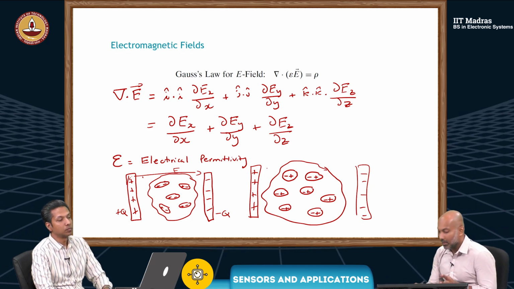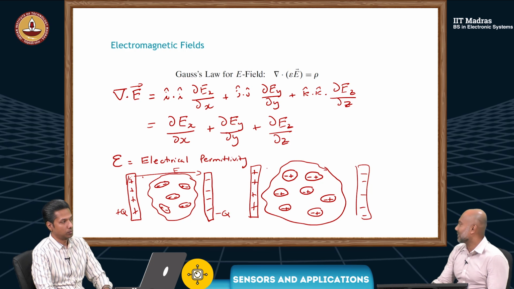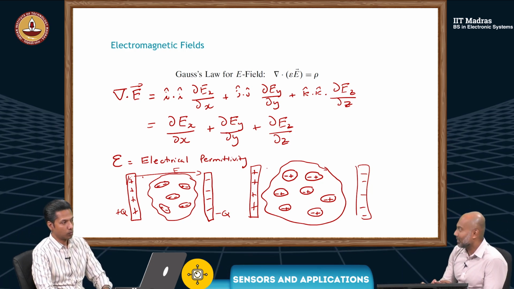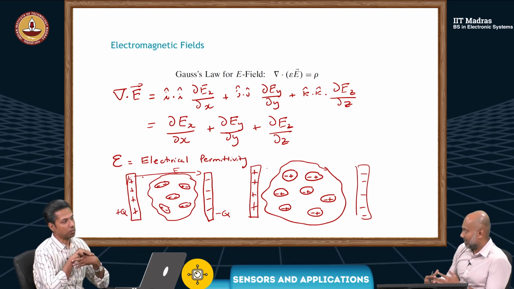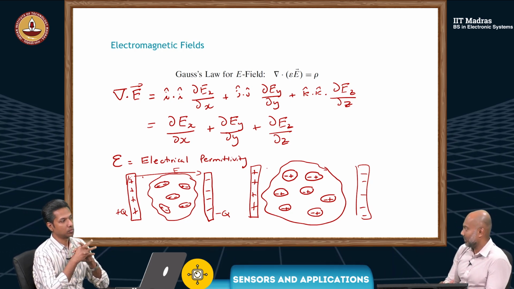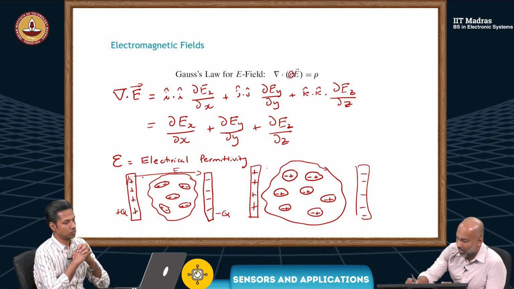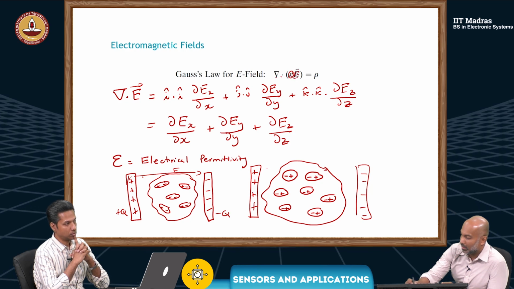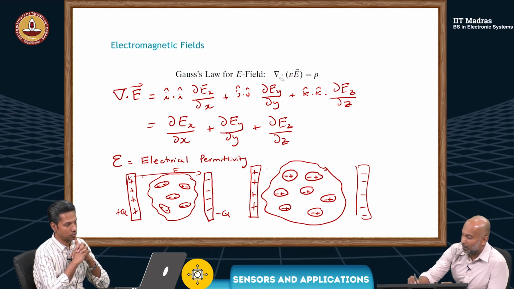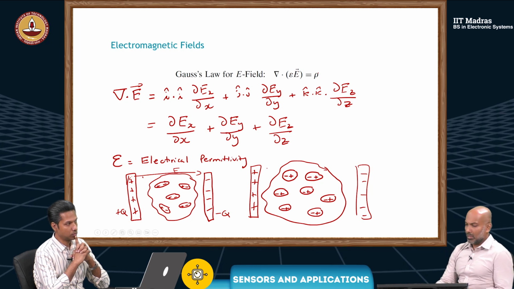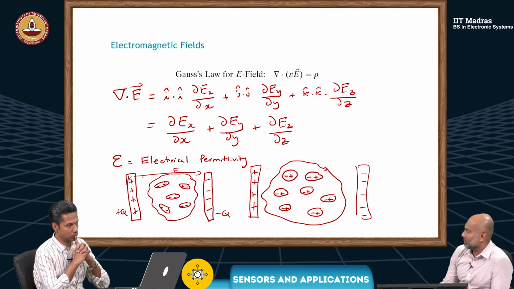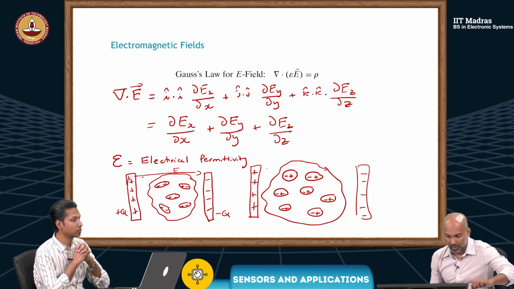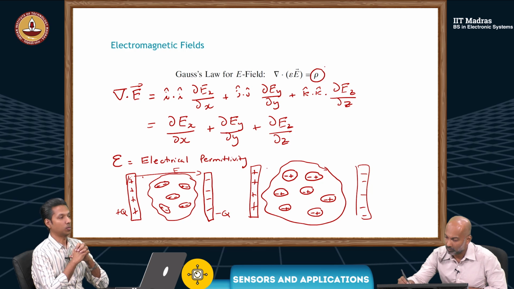Permittivity then is how easily a certain material will align when an external electric field is applied. That's what this epsilon is. So we now know del dot E. We've covered these two. All of that is equal to the volume charge density, which is rho.